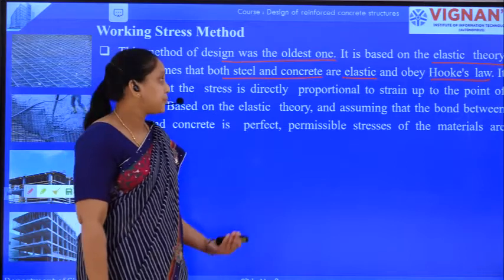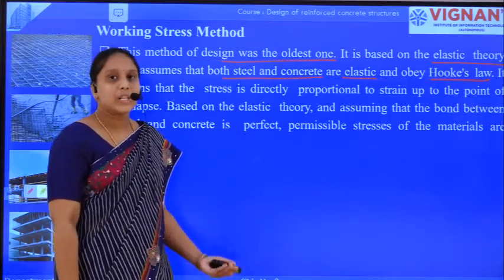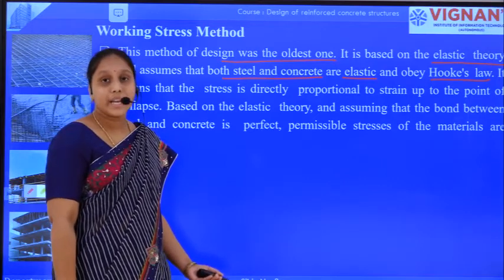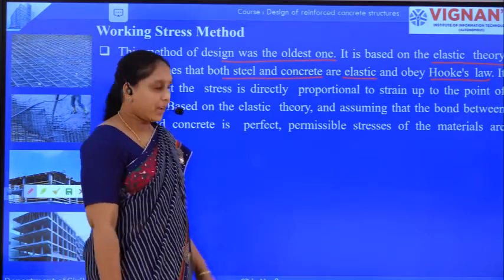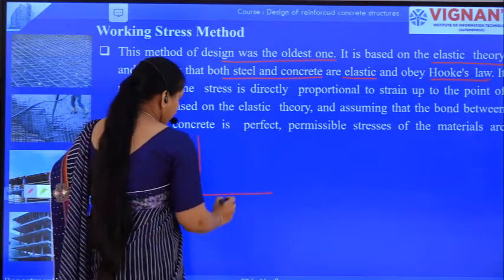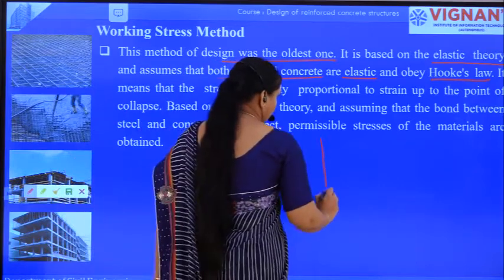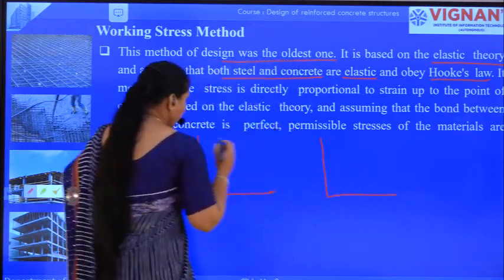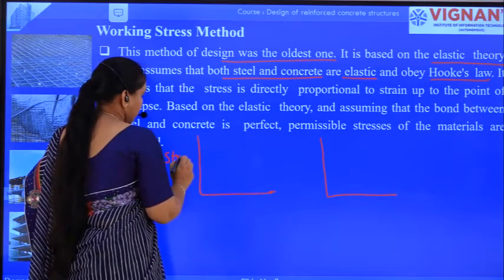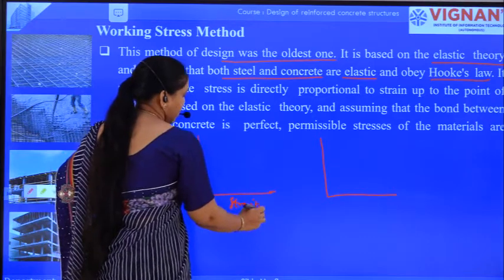That is, both the stress strain curves for the steel as well as concrete are taken up to the elastic behavior only. Suppose we draw the stress strain curve for concrete and steel.